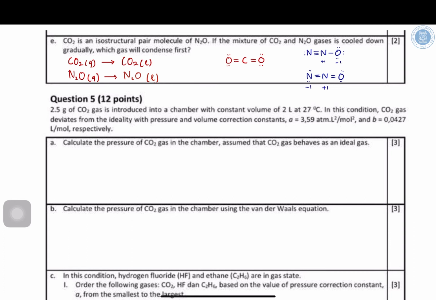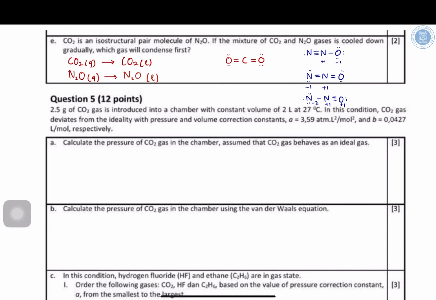And then this is the formal charge, -2, +1, and +1.